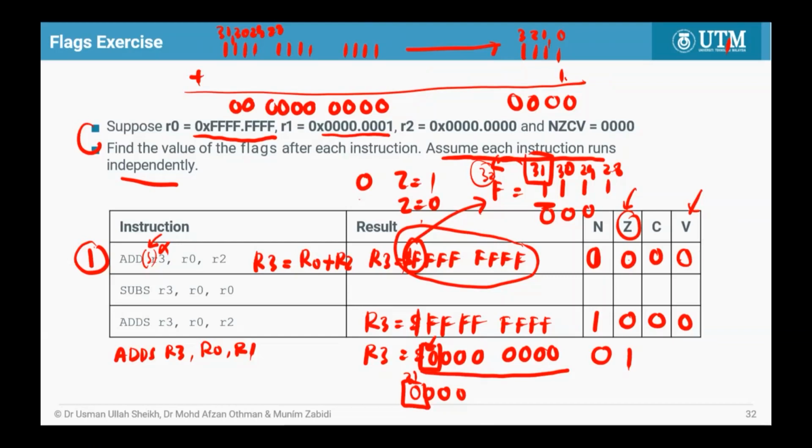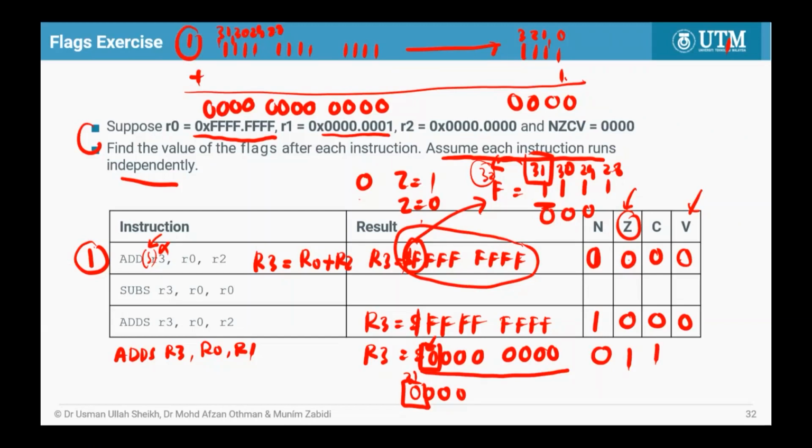The value of N depends on bit 31, either 0 or 1. Now, we have 1 plus 1, you get 1, 0, and then 1 plus 1, you get 0 and you have a carry. So here, you have C equal to 1.